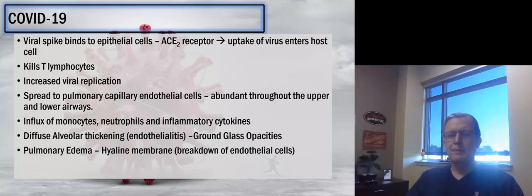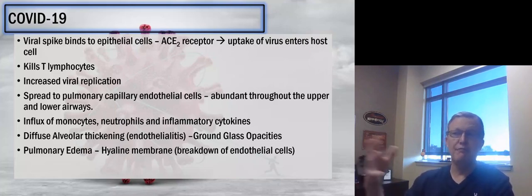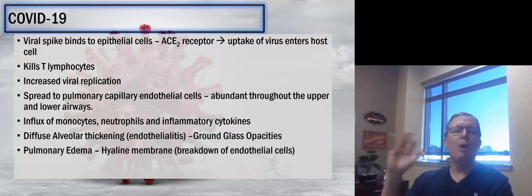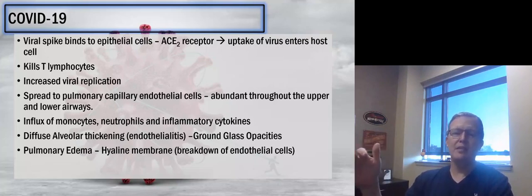Because remember, bacterial pneumonia is focal because the bacteria is in an area where it reproduces. This virus is inserting itself into cells, so it finds the receptors in various cells throughout the airways, which means multiple alveoli become affected simultaneously, not a region of the lung.